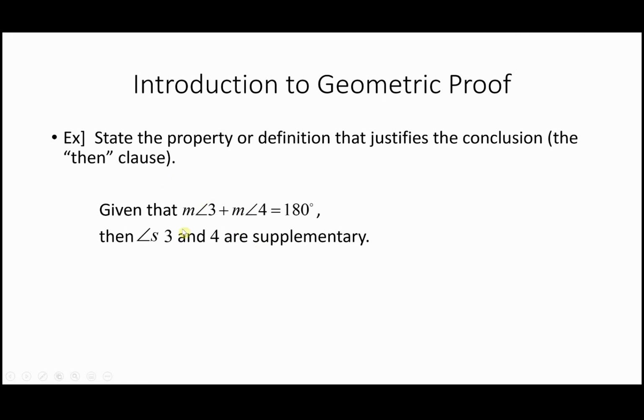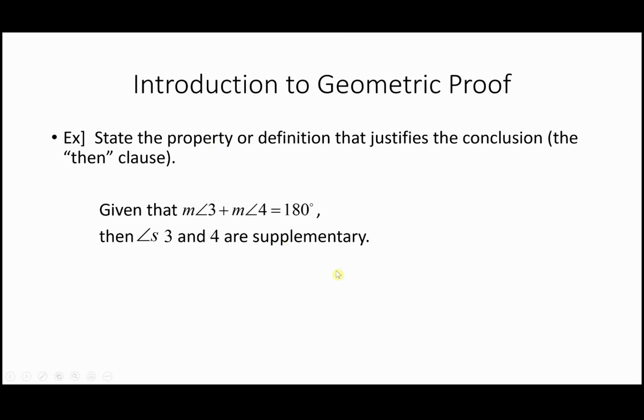Okay, given that the measure of angle 3 plus the measure of angle 4 equals 180 degrees, then angles 3 and 4 are supplementary. So it's like, what are they asking for here? I don't know. When I first read this, I was like, wait, what? What am I supposed to be doing with this exercise? So they want you to state the property or definition that justifies calling these angles supplementary.